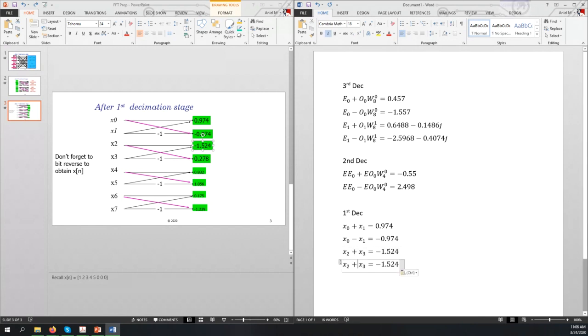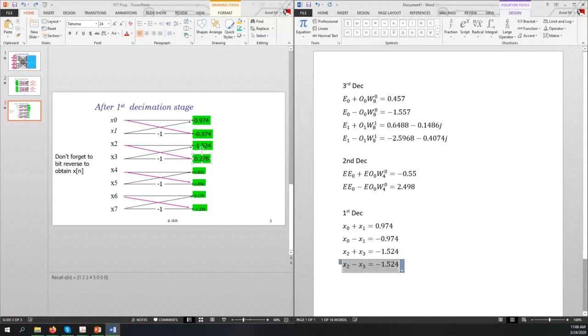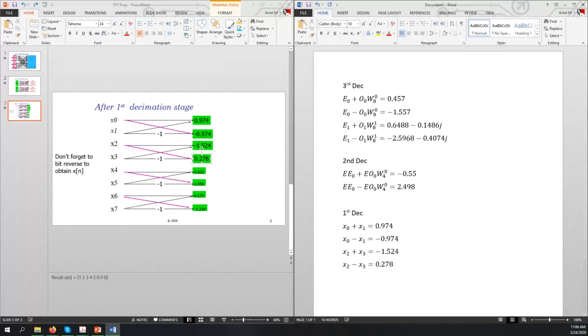And then the difference between the two will give us 0.278 here. Right. So you can keep on doing that and so forth.